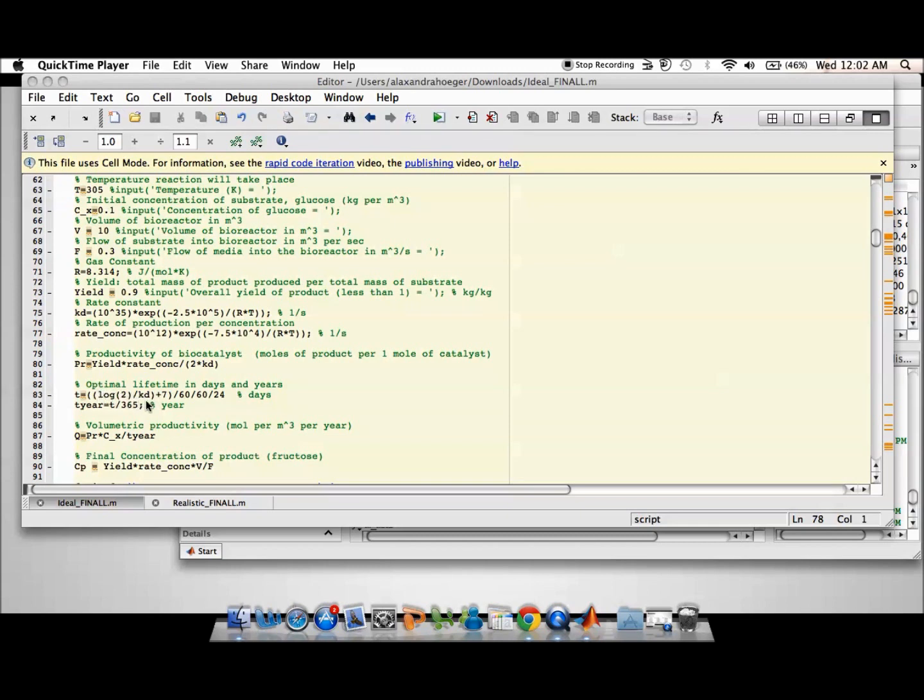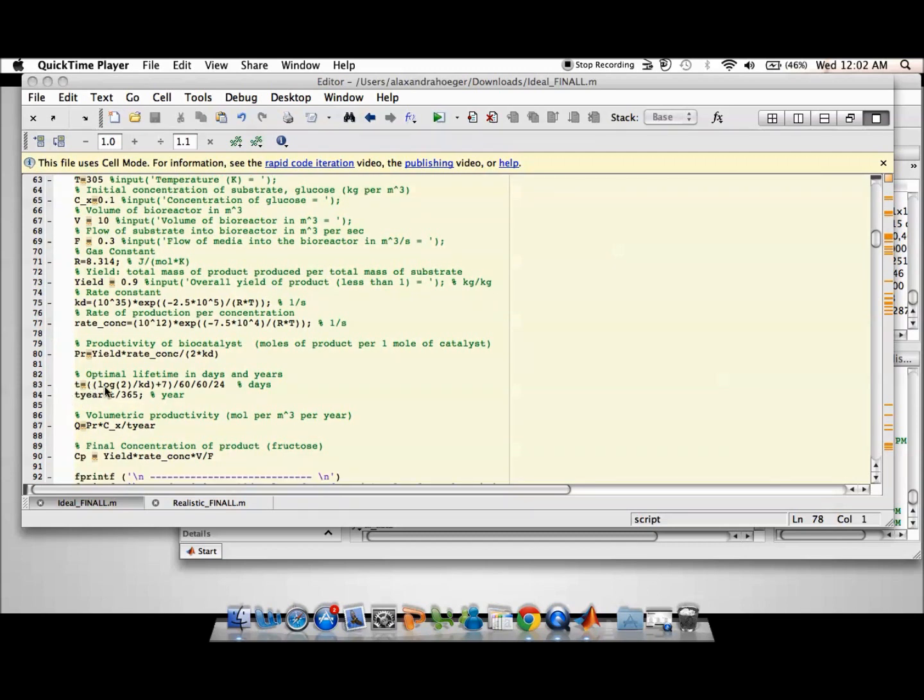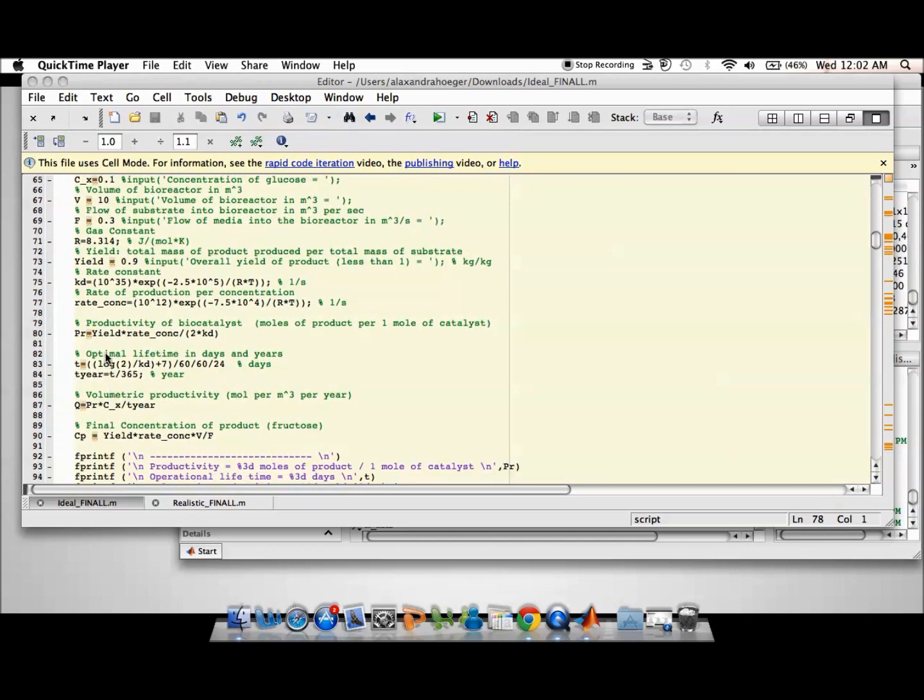And then the constant K is in terms of seconds, and so we can convert this to days by dimensional analysis, and then we convert it to years, which we then use for the volumetric productivity because we want it in terms of years. And the volumetric productivity is just the productivity of the biocatalyst times the inlet concentration divided by the optimal lifetime.